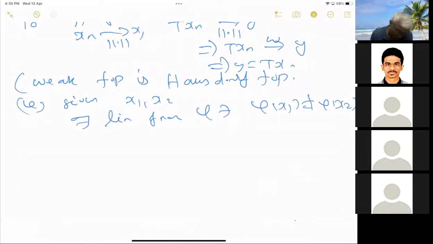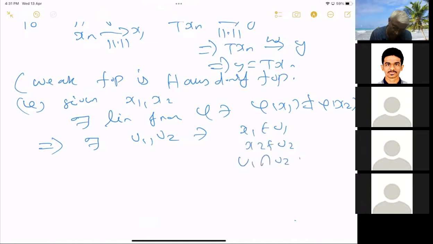this implies there exist neighborhoods U1, U2 such that x1 is in U1, x2 is in U2, and U1 intersection U2 is empty. And that's what Hausdorff means. The topology is a Hausdorff topology.